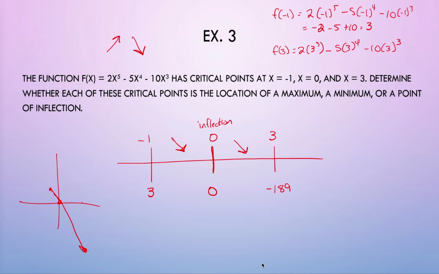Now, all we have to do is pick points less than -1 and greater than 3 and see what happens. So at -2, f of -2 would be 2 times -2 to the 5th minus 5 times -2 to the 4th minus 10 times -2 to the 3rd.